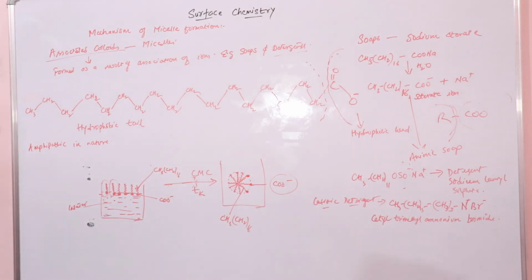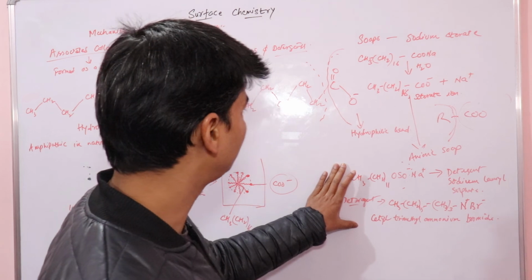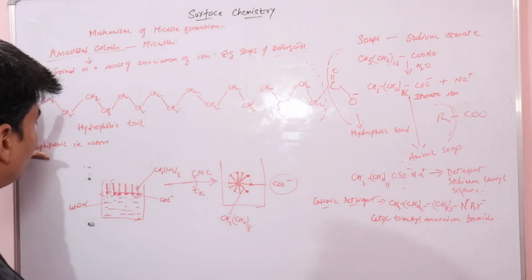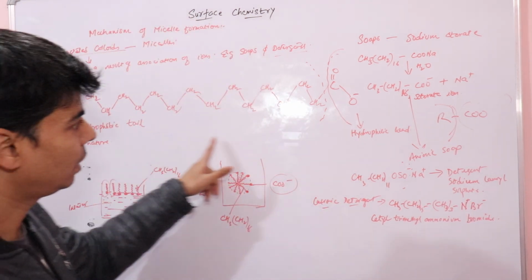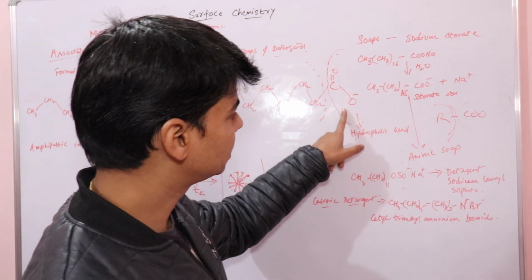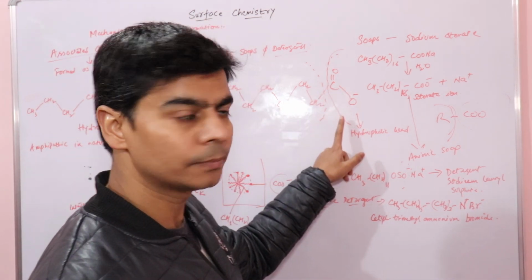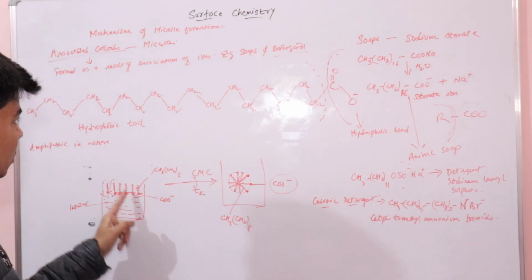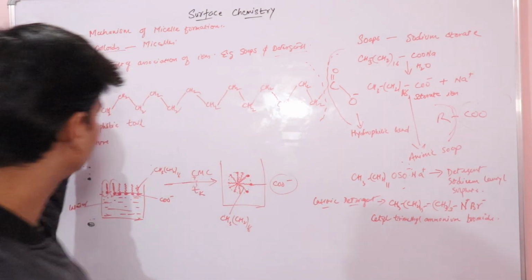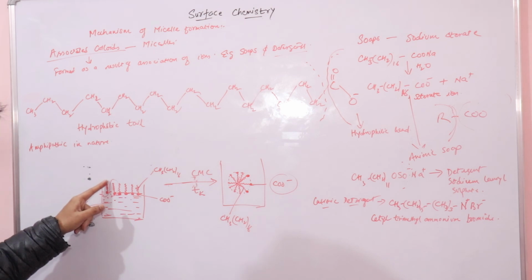So just remember the formula of these detergents as well, and the most important part is the hydrophobic tail and the hydrophilic head. Since this is hydrophilic, it can interact with water, so this will go inside water. This is hydrophobic, water hating, so this will remain away from water.